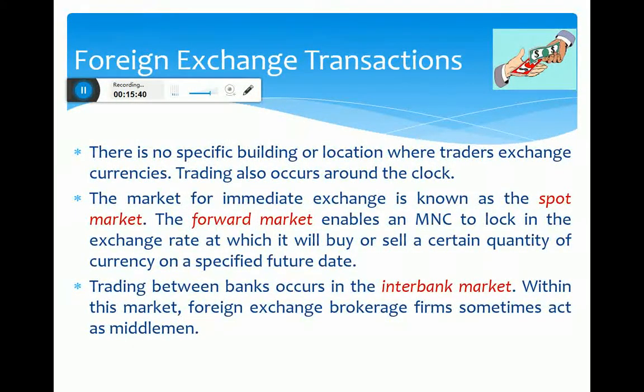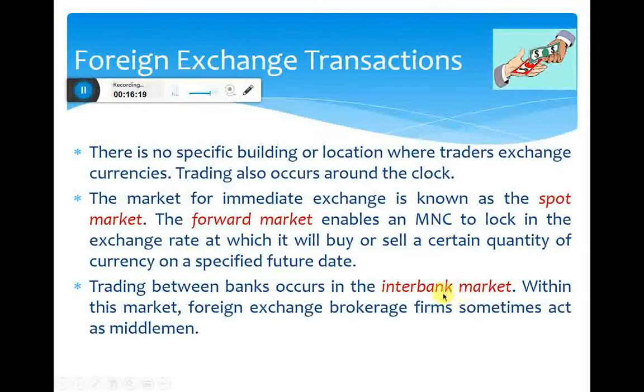For example, multinational corporations, in order to get the benefit from the exchange rates, determine a specific rate at a specific time in the future, so that when that specific rate is hit by the specific currency on that future date, they will buy or sell that currency in order to earn money or generate profit.